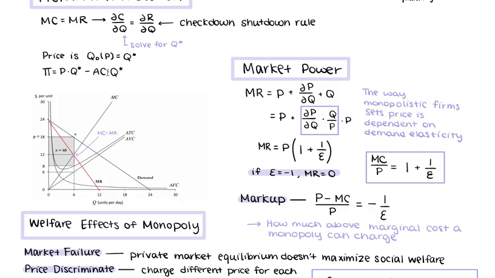Marginal cost is a linear line, and the average total cost is a parabola, because as I said in the beginning, the capital cost is very high.